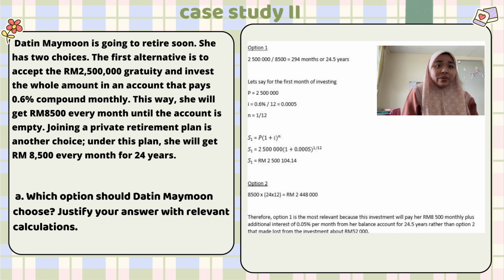For this question, we will use the formula S1 equals P bracket 1 plus I power of N. So S1 equals 2,500,000 ringgit bracket 1 plus 0.0005 power of 1 divided by 12. So the answer we will get is 2,500,140 ringgit and 40 cents.